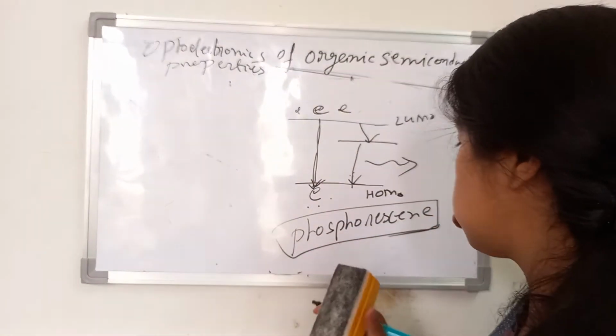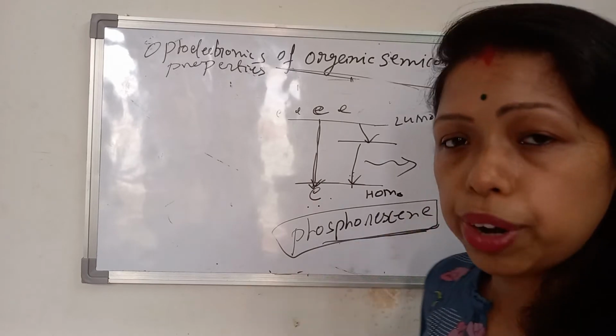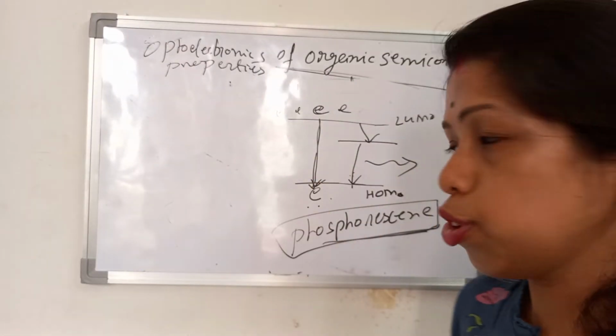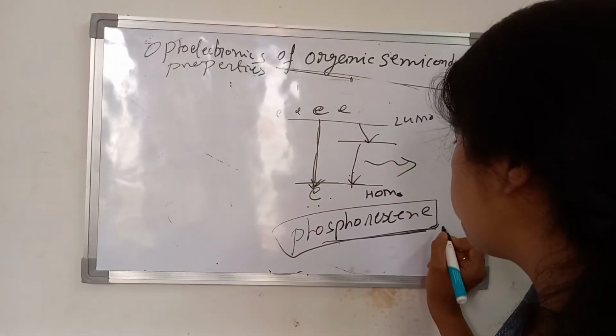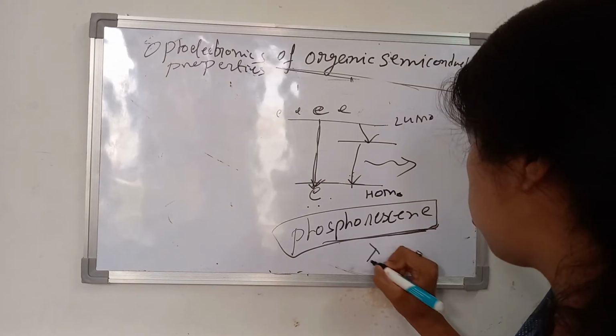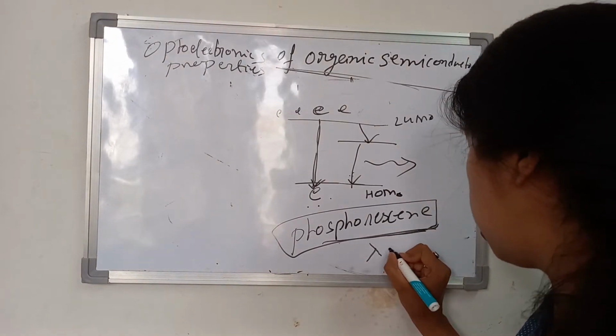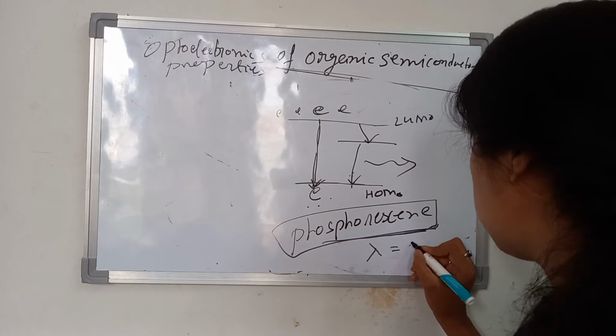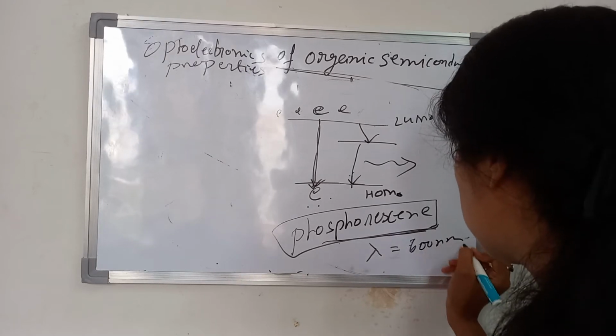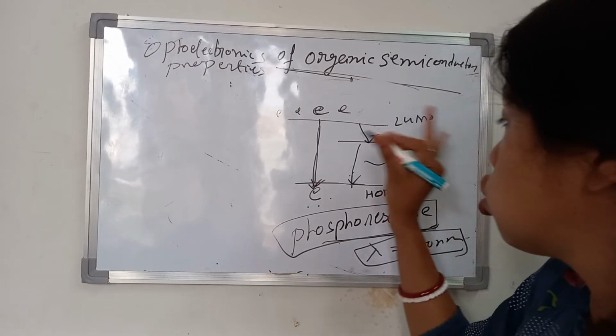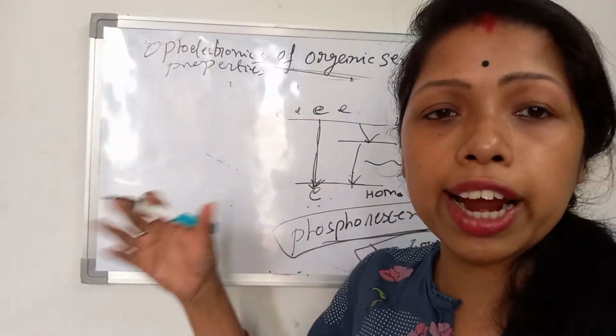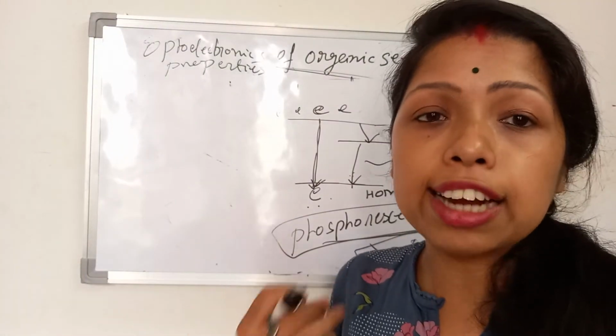Then the phosphorescence process will take place. At that time suppose we get one wavelength, lambda of 600 nanometer.